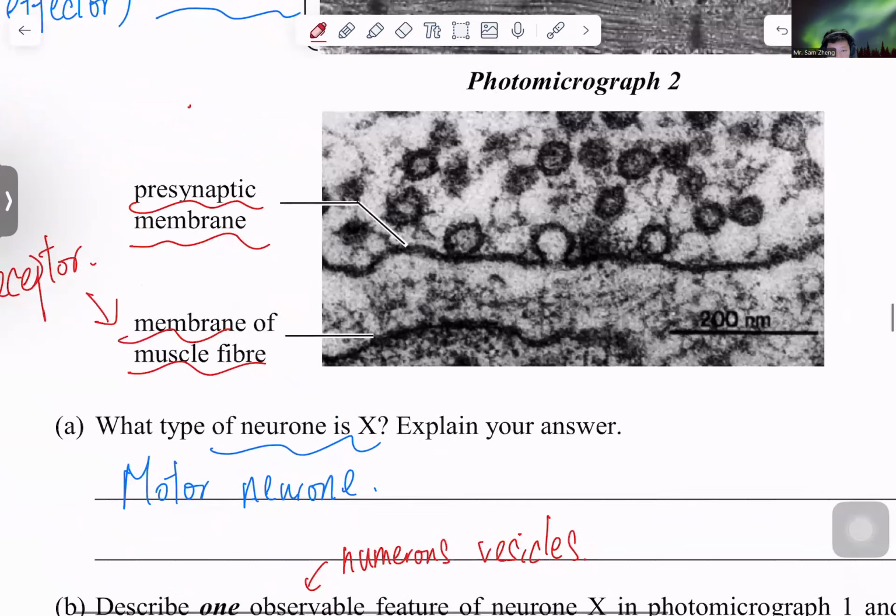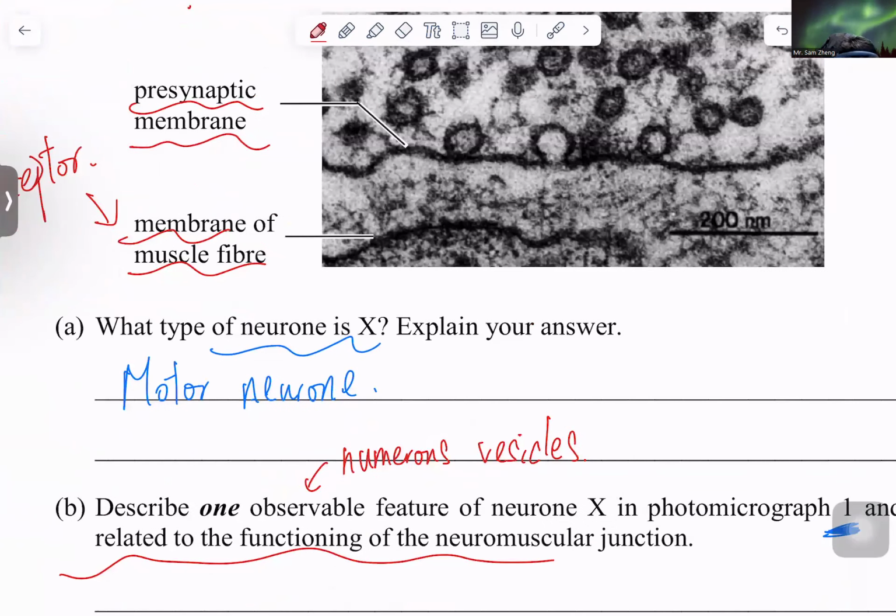Now, when we notice that there is a blockage, originally the presynaptic membrane can release, not diffuse, sorry, but release the neurotransmitter to the cleft. However, as there is some blockage, can the vesicle release the neurotransmitter?